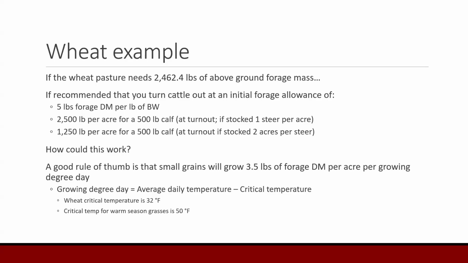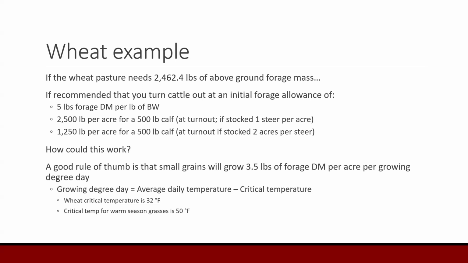So if the wheat pasture needs basically 2,500 pounds of above ground forage mass, and then we recommend 5 pounds of forage dry matter per pound of body weight, so that's our forage allowance, on average across the whole grazing period. Just as a rule of thumb, that's our target, or that's our critical forage allowance for wheat pasture.